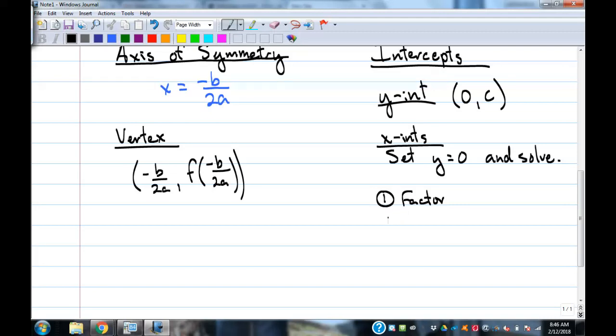If factoring doesn't work, what's our next option? Quadratic formula. You might know it.